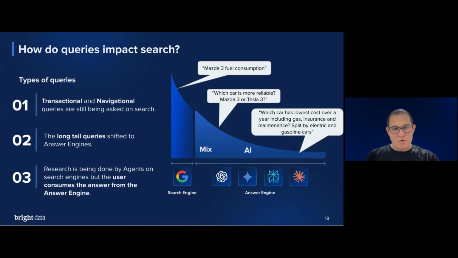But, and this is the interesting part, these answer engines still look at search engines to find the information. So effectively, the research is done by the agents on search engines, but the user consumes the answer from the answer engine itself.